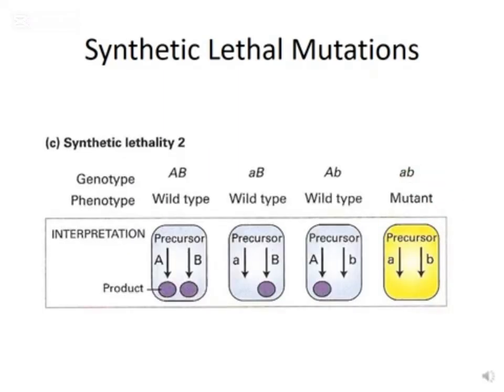The other type of synthetic lethal mutation is when the wild type produces a precursor in large amounts. So we have what we just called redundant proteins. These two accomplish the same function. So if one of them has a mutation, the second one can still produce the same product.